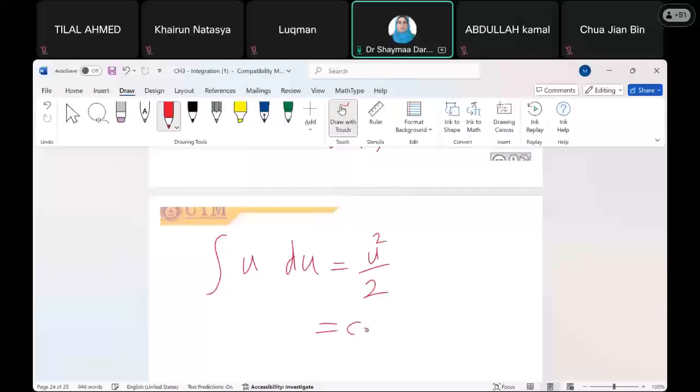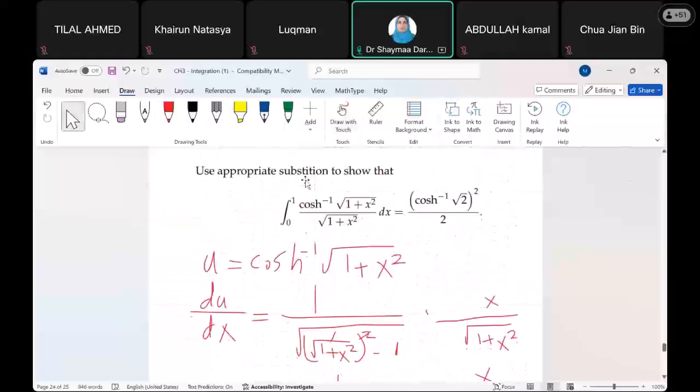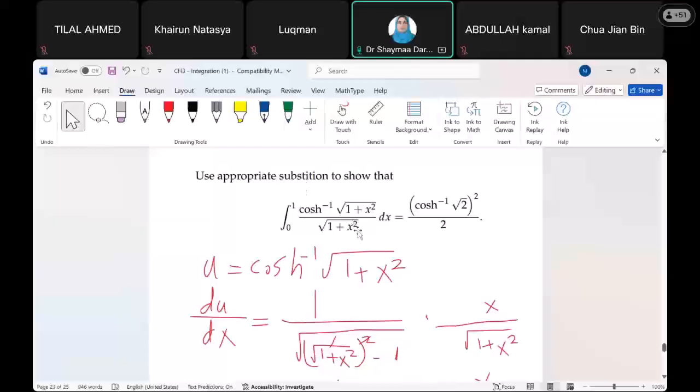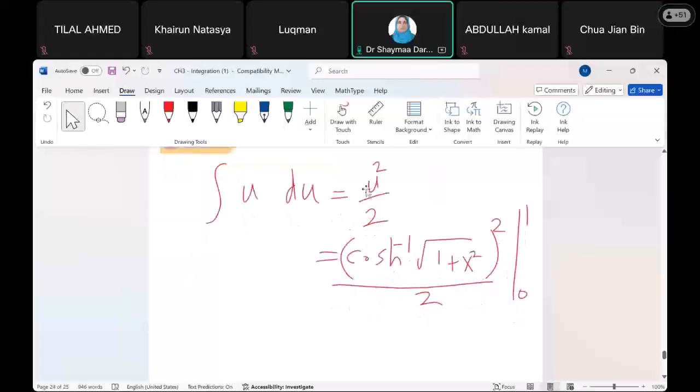This is cosh inverse of square root 1 plus x squared, squared over 2, from 0 to 1. U is replaced by its value.